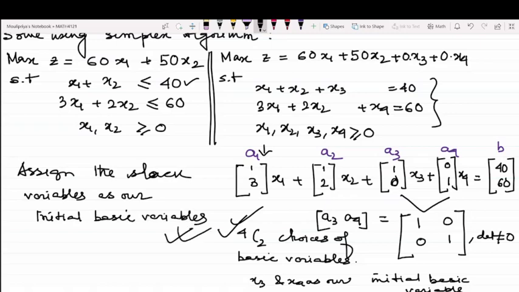I hope I'm able to justify why I do so. And since the simplex algorithm is an iterative method, by several steps I will be telling you how we will be improvising our initial assumption and in turn arrive at the optimal solution to the given problem.